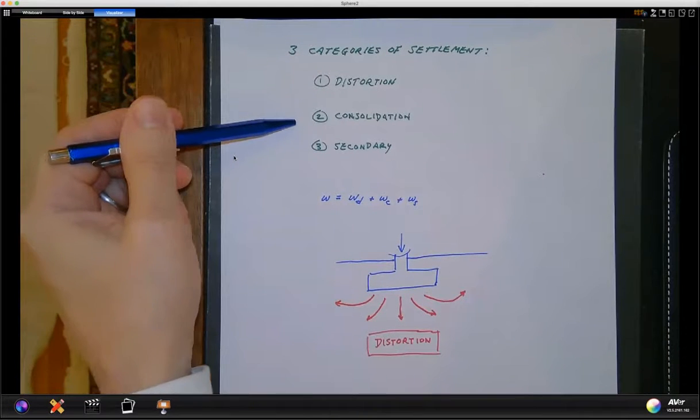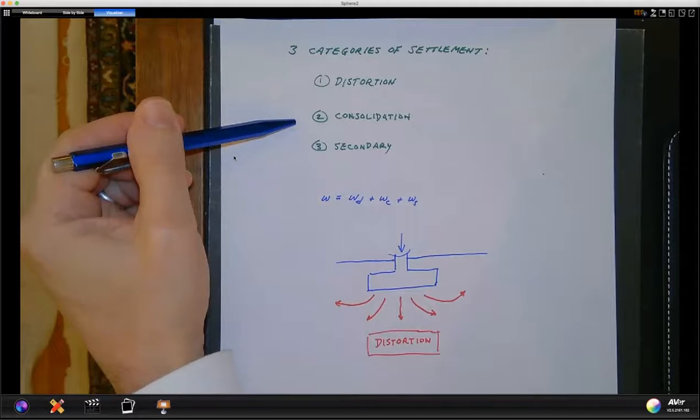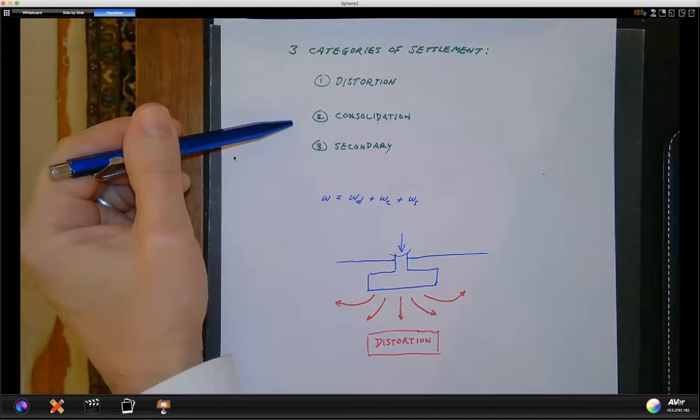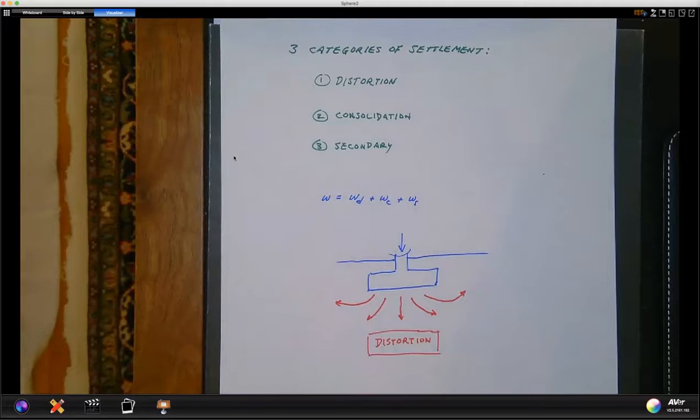One is consolidation. And I'm assuming that you are familiar with that from content in 381. You'll be seeing it again here, but that should be mostly review. We'll be looking in great depth here, for the first time, let's call it, at time rate of consolidation.